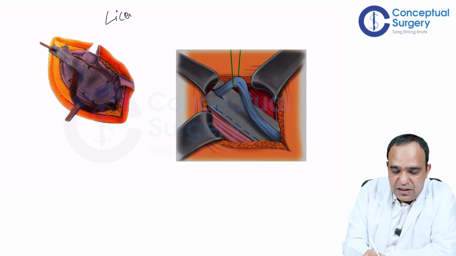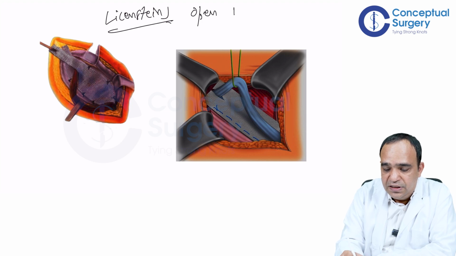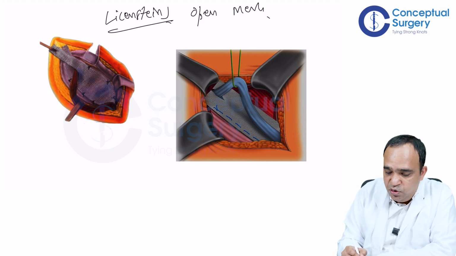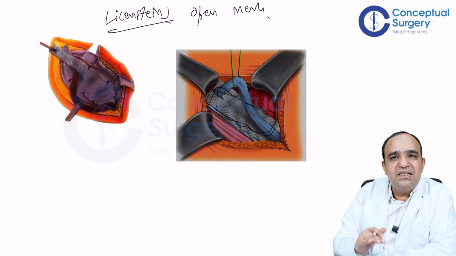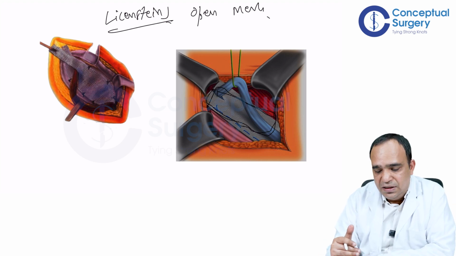This is Lichtenstein's. It is again an open repair and again a mesh repair. As you can see, that's the spermatic cord. The mesh is placed outside the fascia transversalis, so it's not preperitoneal.